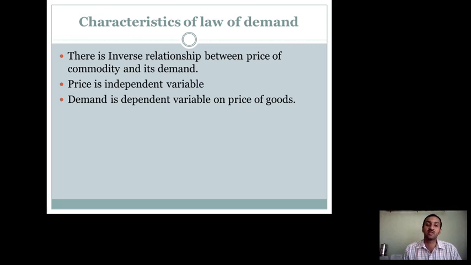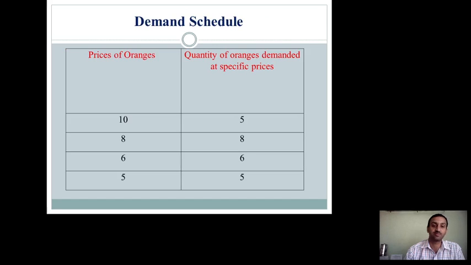Likewise, there are various other products. As and when the prices increase, we reduce the consumption of that, and as and when the prices decrease, we increase the consumption of that commodity. So therefore, demand is a dependent variable on the price of goods. If the prices increase, the demand will decrease, and if the prices decrease, the demand will increase. So these are the characteristics of the law of demand.